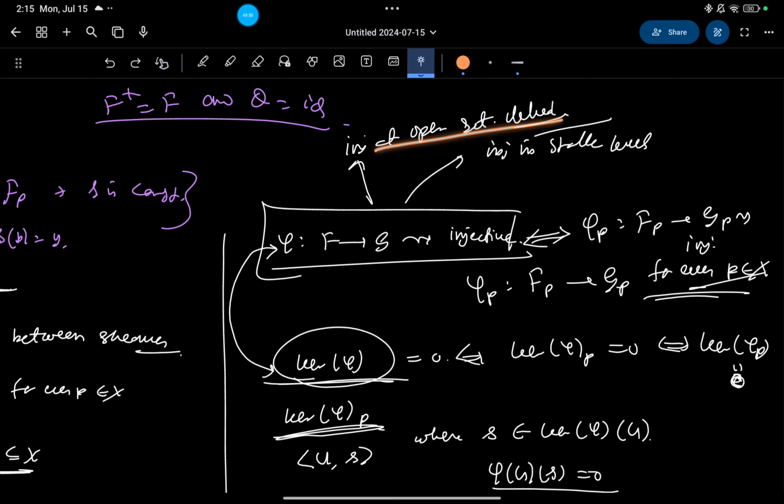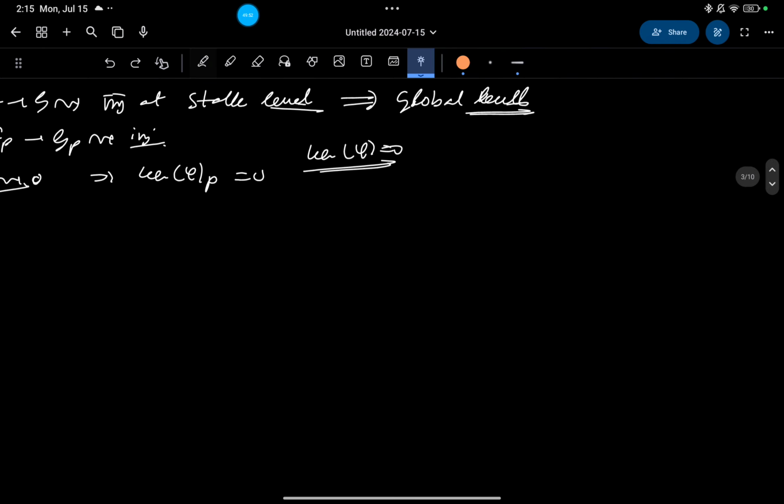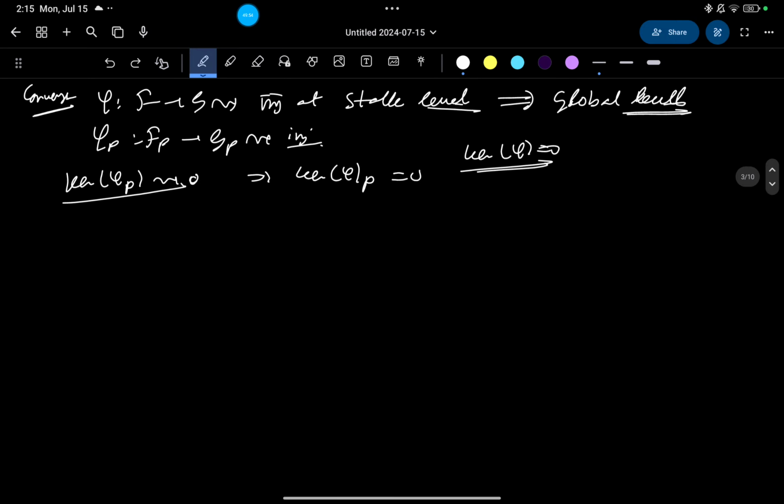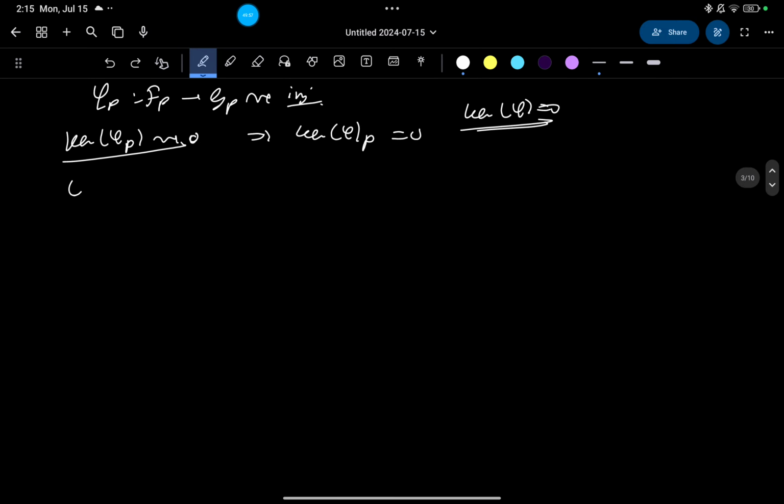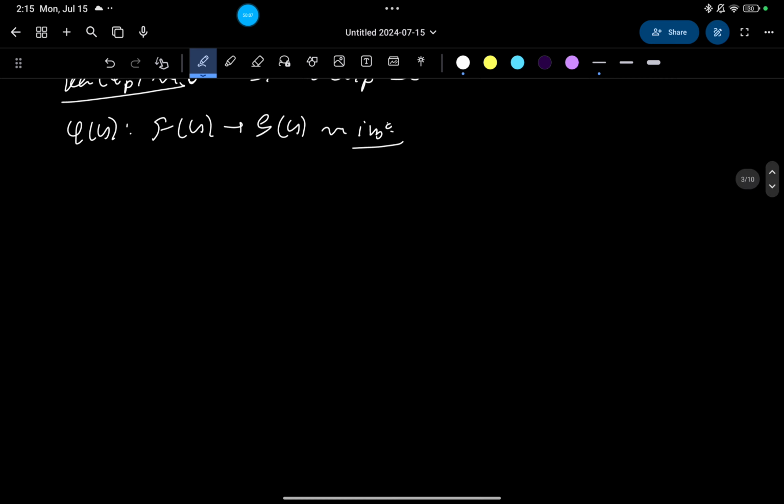But what about the converse one? For example, suppose at the open set level it is true, so phi u from Fu to Gu is injective. So the kernel of phi of u is always 0.